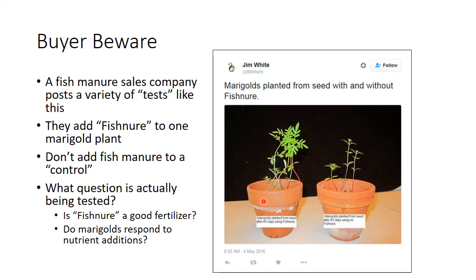So what he should have done is add so many pounds per acre or ounces per flower pot or whatever of nitrogen to one pot, and then add, say, a chemical fertilizer or an equal amount of nitrogen in compost or something else to a different pot. And that way, he's not measuring just the nitrogen response, he's actually measuring whether or not fish manure is a good alternative to compost or a good alternative to chemical fertilizer.